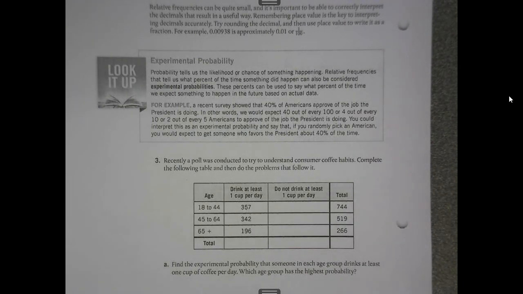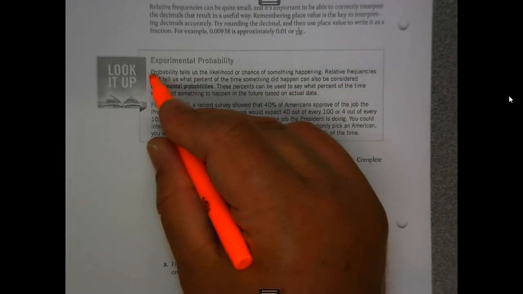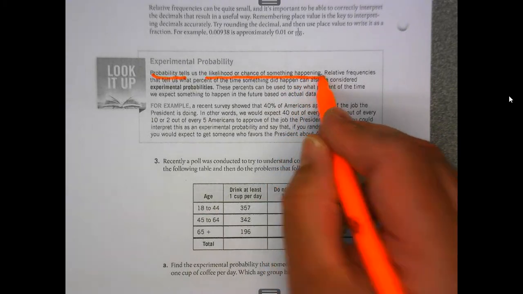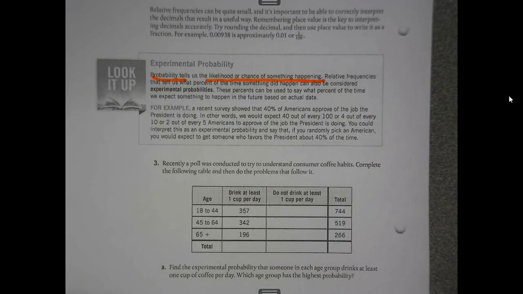Like if you go to flip a coin, you expect it to be 50% probability. Relative frequencies that tell us what percent of the time something did happen can also be considered as experimental probabilities. So that's kind of important there.